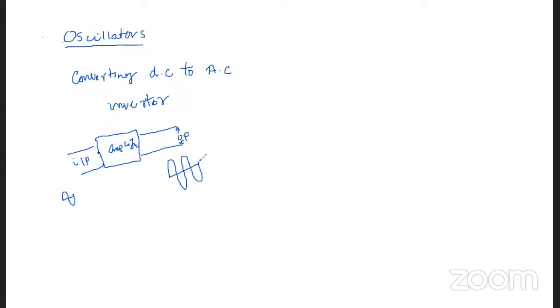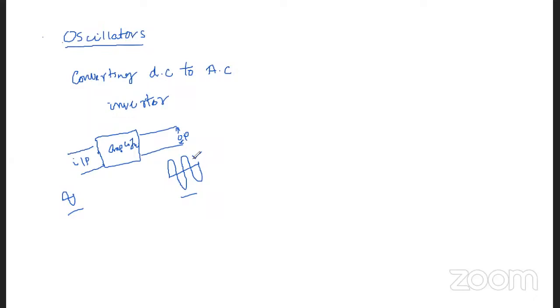An amplifier produces an output signal whose waveform is similar to the input signal. If you see here, these two waveforms are similar, but the power in the output is generally higher. This additional power is supplied by the external DC source.